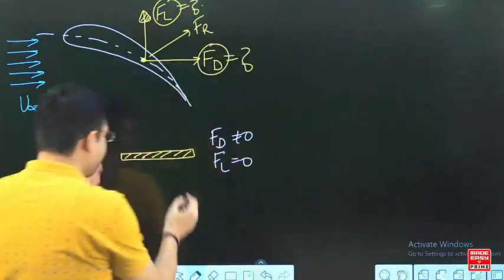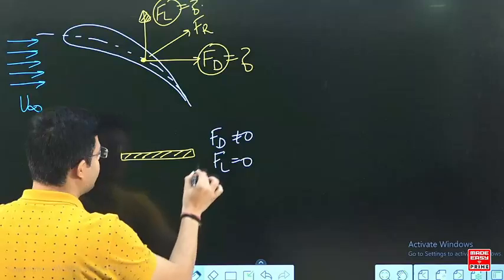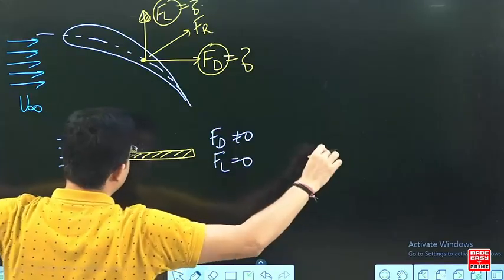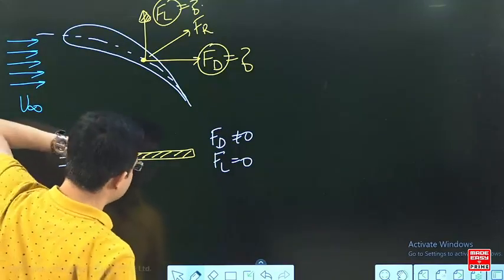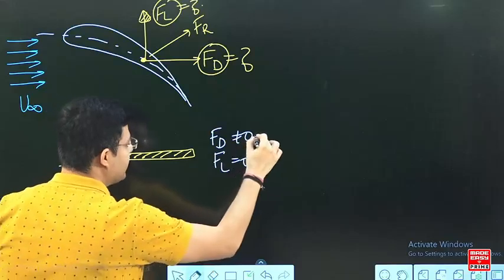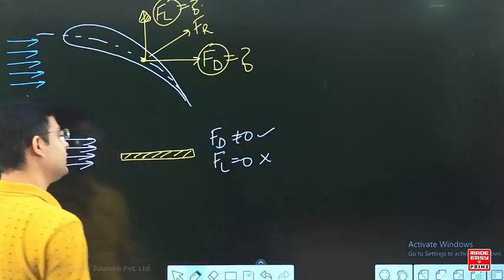Therefore, if the orientation of your body coincides with the direction of the flow, in this case this plate I have shown, there will be drag, but there will be no lift.